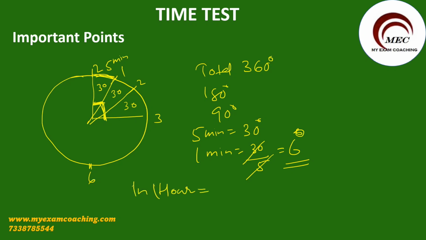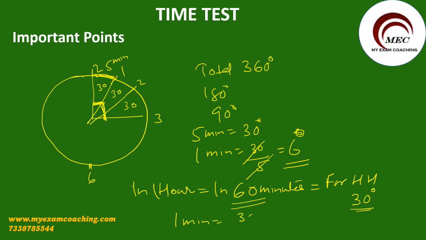In 60 minutes, the hour hand will move only 5 minutes, which is only 30 degrees. So 60 minutes is 30 degrees, which means in 1 minute it is 30 by 60, which is equal to half a degree.